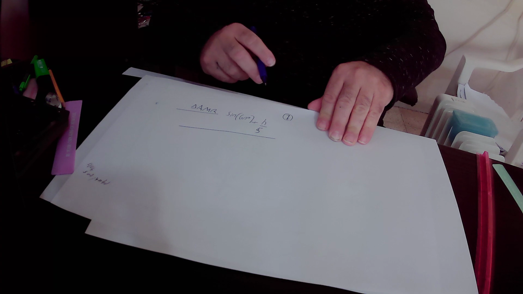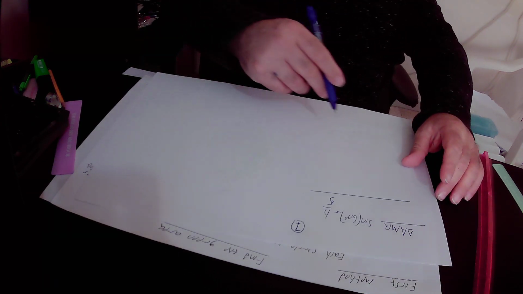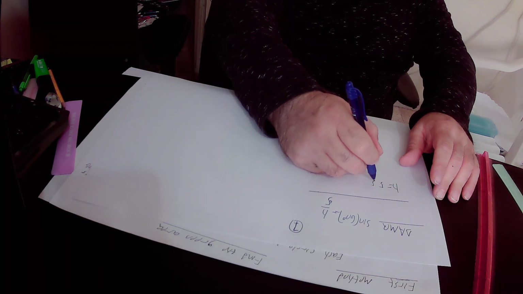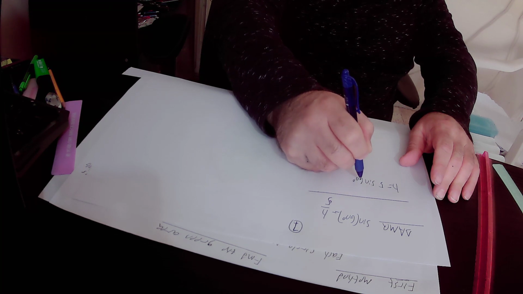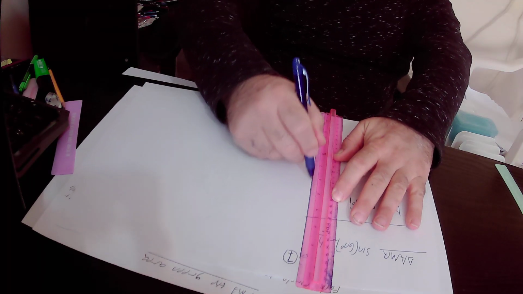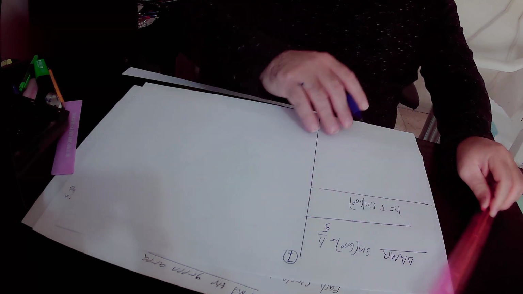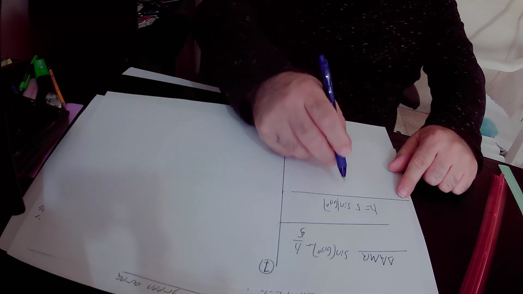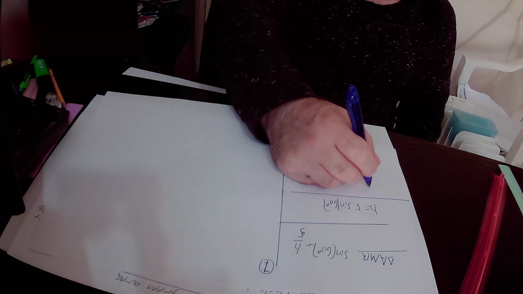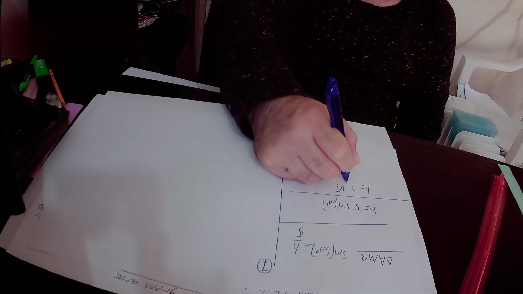We will multiply this equation by 5, and we will get that H equals 5 times sine 60 degrees, and sine 60 degrees is equal to square root of 3 over 2.